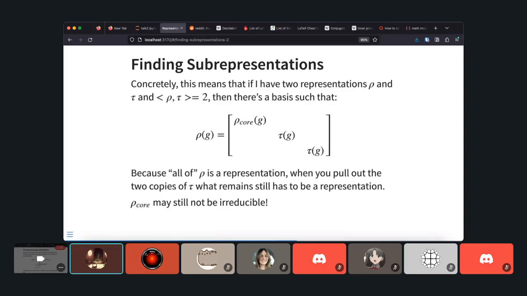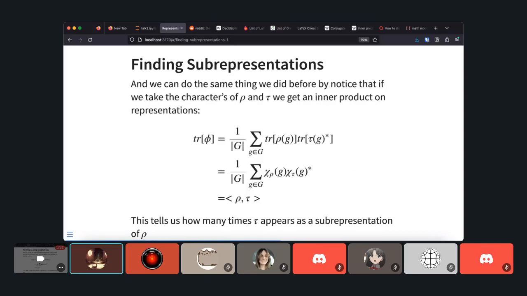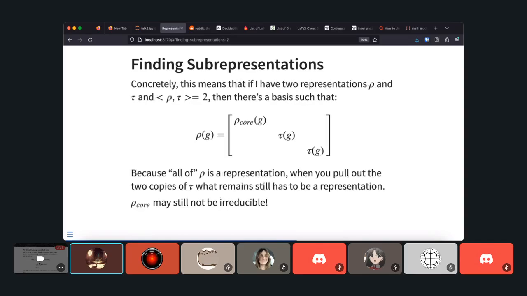So in this case, let's say that we know that tau is irreducible, and rho has more dimensions than tau. Let's say we take this inner product and it's equal to 2. Again, if just one of these is irreducible, then this is always going to be an integer.